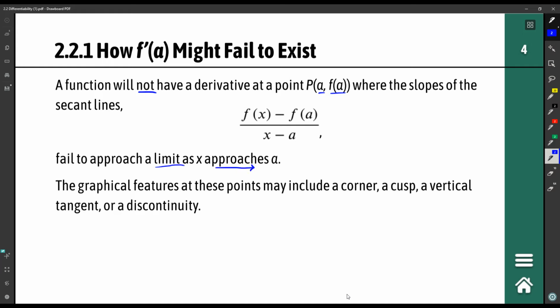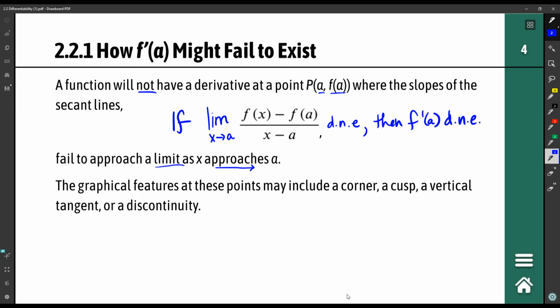So here's what we're saying. If we take this difference quotient and put it inside of a limit, the limit as x approaches a, this is the alternative definition of a derivative. If this does not exist, then f prime of a does not exist either. So there's the algebra behind it, but I think what's most interesting is the graphical nature.